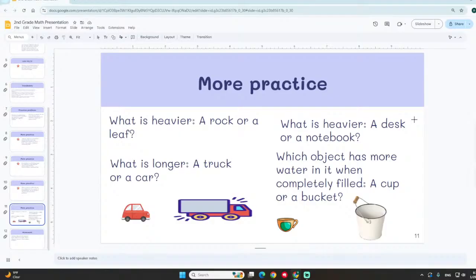Which object has more water in it when completely filled, a cup or a bucket? So think about in your head. Which one do you think is going to hold more water? The cup, which is small, or the bucket, which is much larger?